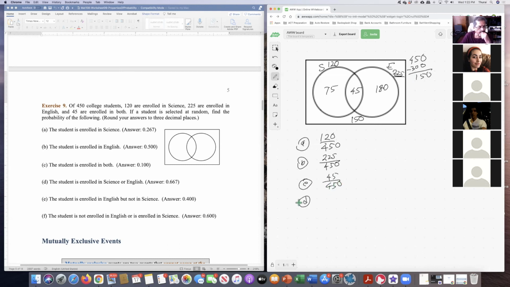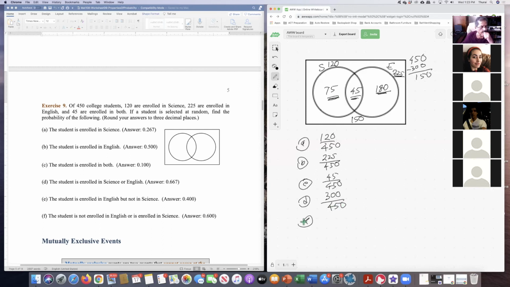Part D is the student is enrolled in science or English. We have to add them, and it's 300 over 450. If you add these numbers, 300. So the union has 300 elements. So 300 over 450 is correct.